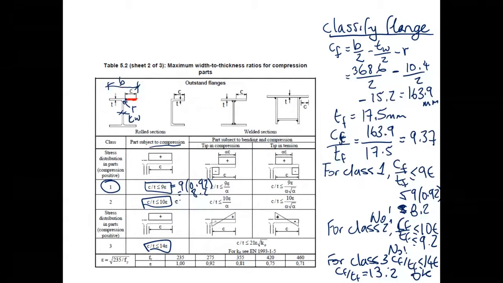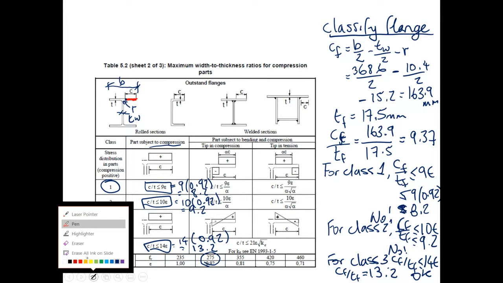The next one is 10 times 0.92. And then you have 14 times 0.92 for the last one, which is equal to 13.2. So you see the epsilon down here at the bottom of the page, 0.92. I just substitute the epsilon in, and that gives us the limits.